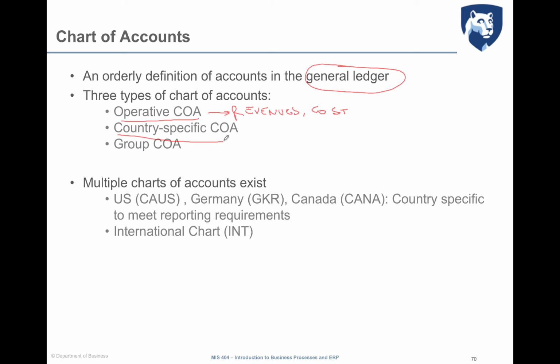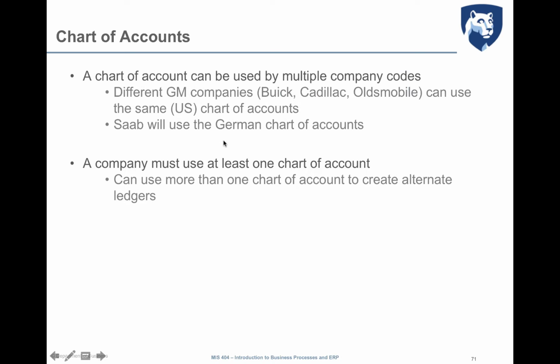Of course, a chart of accounts can be used by multiple company codes. For example, if you consider General Motors, different General Motors companies like Buick, Cadillac, Oldsmobile can use the same chart of accounts, for example, the US chart of accounts, while SAAB will use the German chart of accounts.